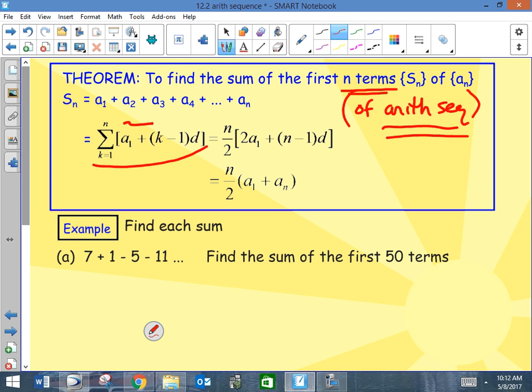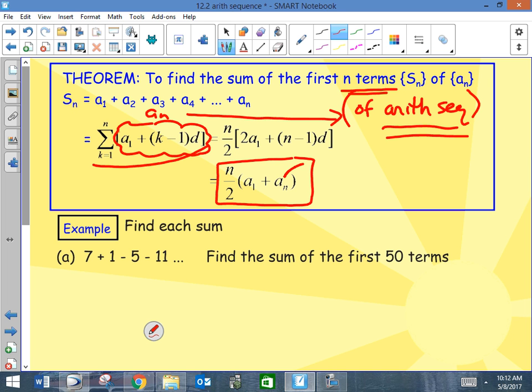Here's your formula for an in terms of an arithmetic sequence. And then if we spread it all out, here's what we get. I like to remember this, because this I already know. That's this. I know there's only so much I can remember.